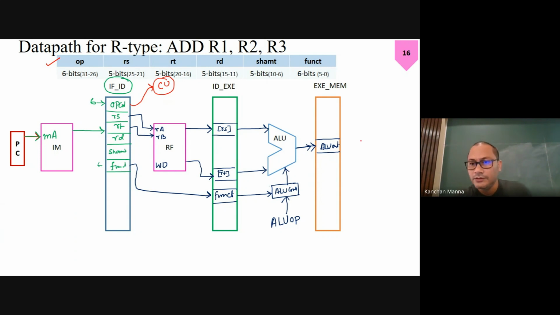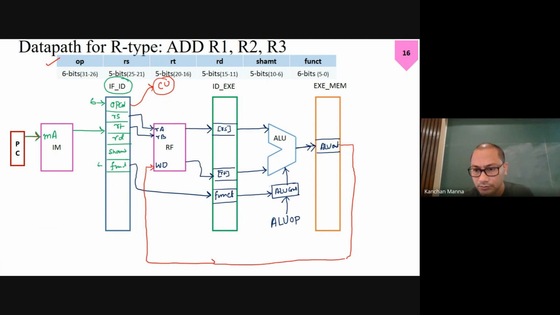Okay. So now we can connect it from here to our register file. Got it?